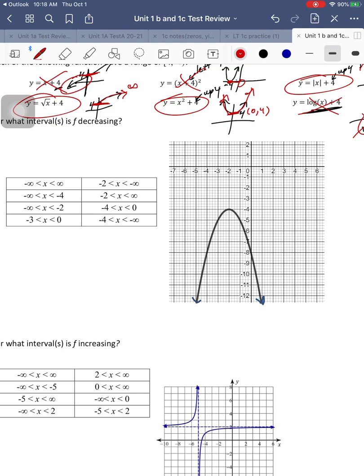All right, next one. Over what interval or intervals is f decreasing? So we've got to look at our graph here. And first I would start on the left side. Think about myself walking on this graph and going, first it's increasing. At this maximum point here, the graph is going to turn, go down and decrease. What are we looking for? Decreasing.